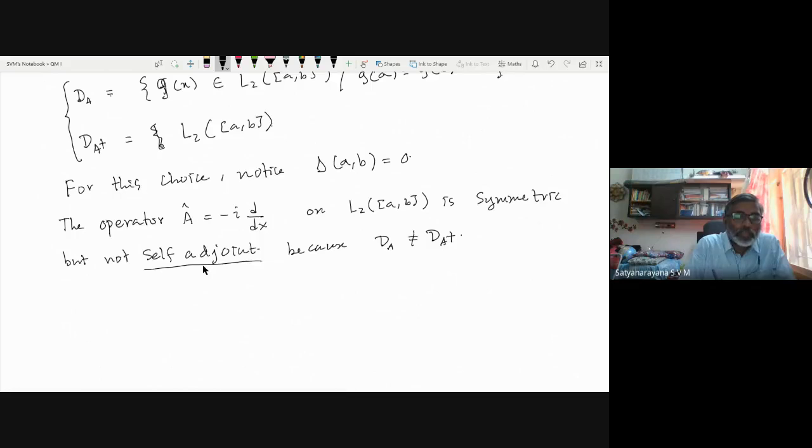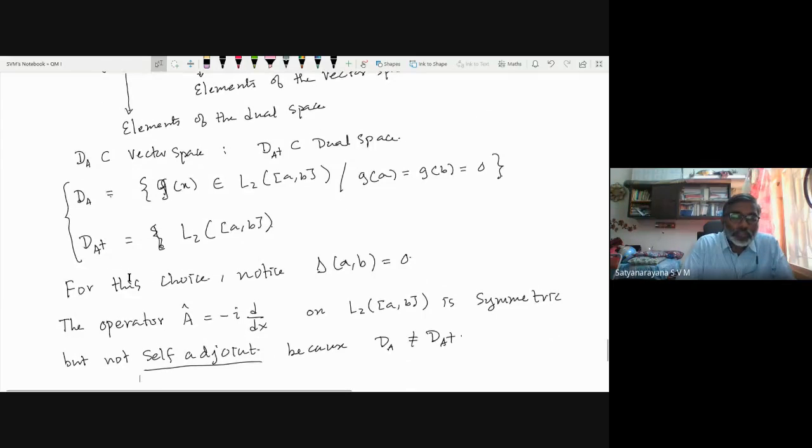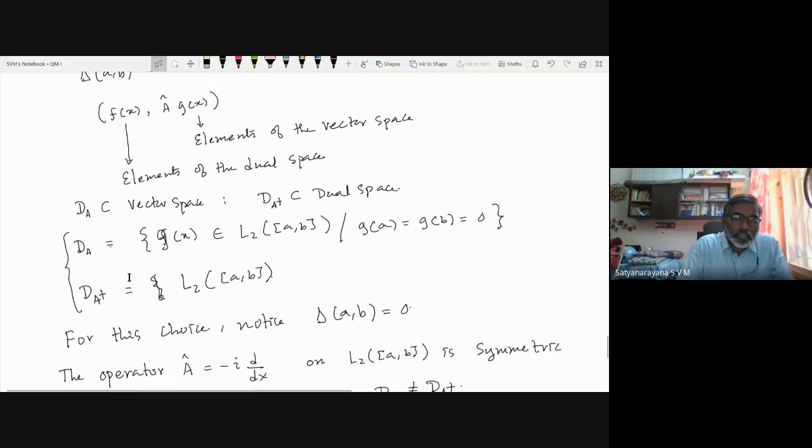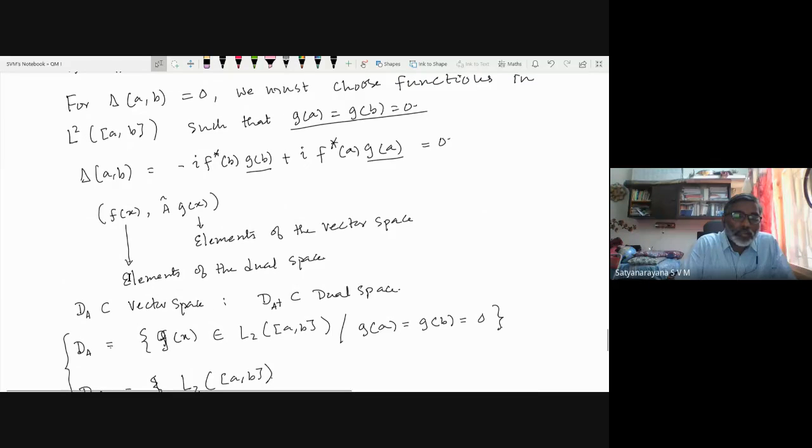If it is the full space, L2 of R or L2 of C, whatever we are considering, then there is no problem. But when you have a finite interval, then some care is required to understand whether a given operator is self-adjoint or not.